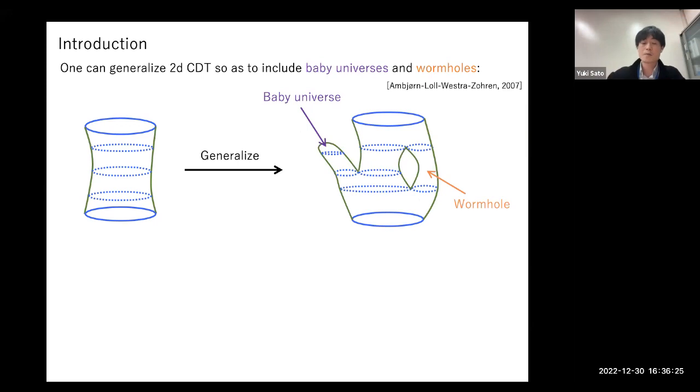Somewhat amazingly, you can take in the baby universes and wormholes non-perturbatively in the CDT setup. So it can be computed analytically, and you can take the continuum limit explicitly. So this is the situation.